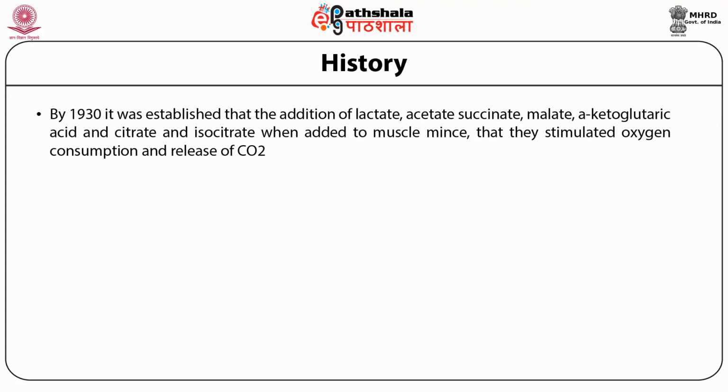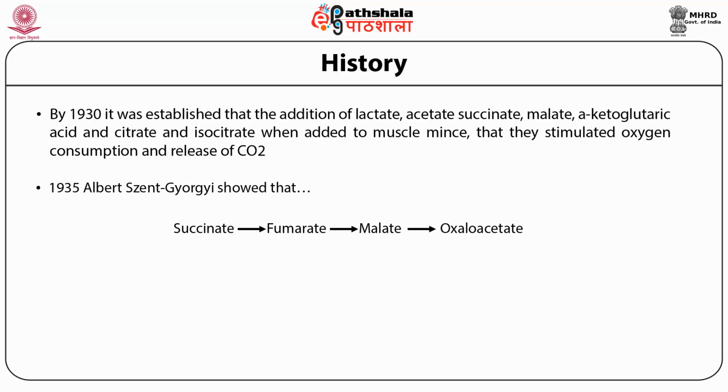By 1930, it was established that the addition of lactate, acetate, succinate, malate, alpha-ketoglutaric acid, that is carboxylic acids, and citrate as well as isocitrate, when added to muscles, stimulate oxygen consumption and release of carbon dioxide.